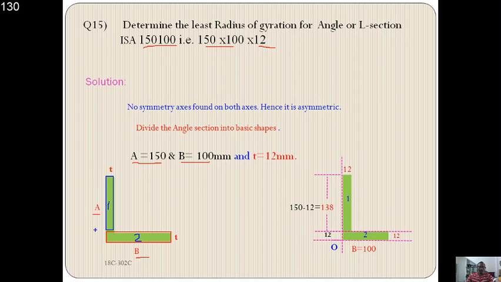The first part is starting from this point; please differentiate that. Therefore A will not be equal to the full dimension now; the dimension of this part has to change. It is nothing but 150 minus 12, which is equal to 138. So this height is 138. So this is one type of division.